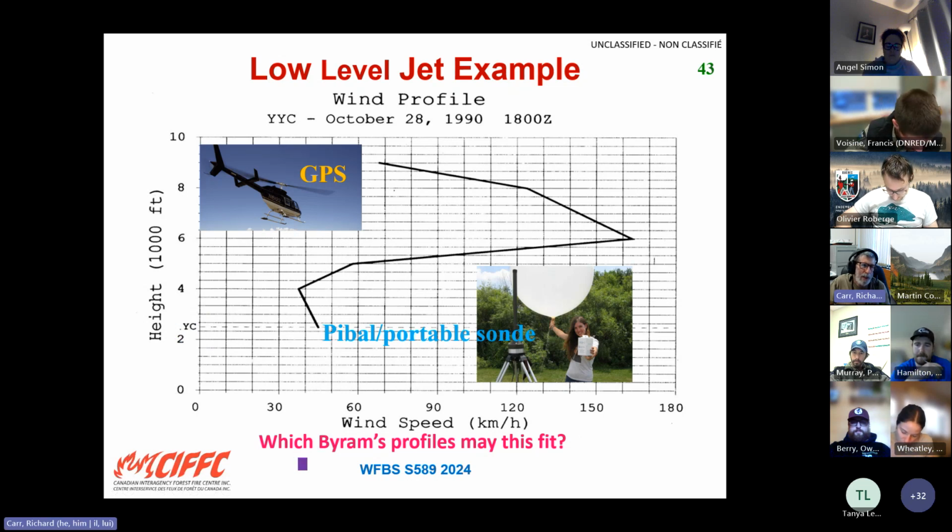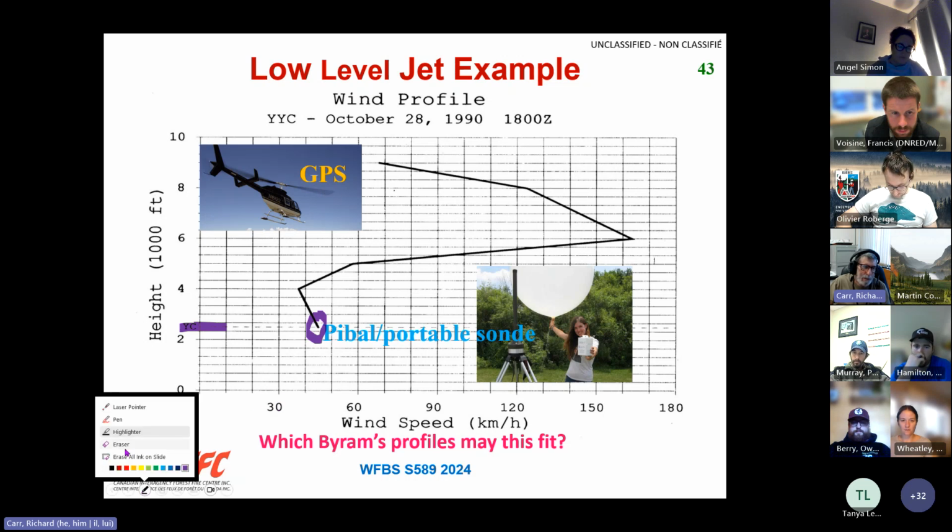So something's wrong here. I don't know if they've plotted the airport at the wrong elevation or what, and of course the wind profile starts down there too. So maybe this whole diagram should be shifted up the plot a little bit.